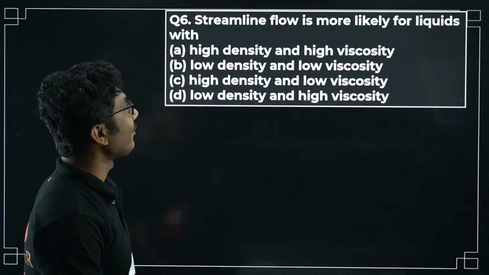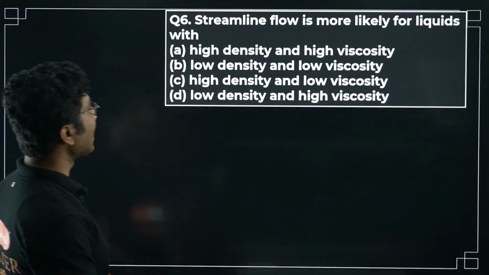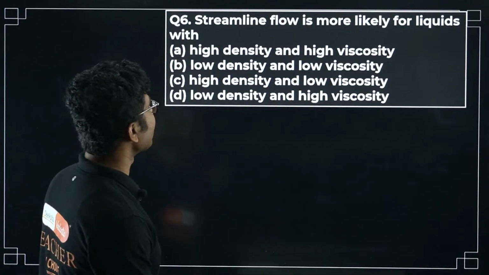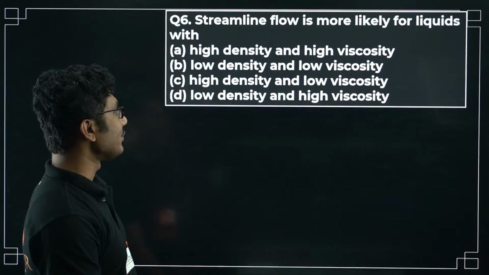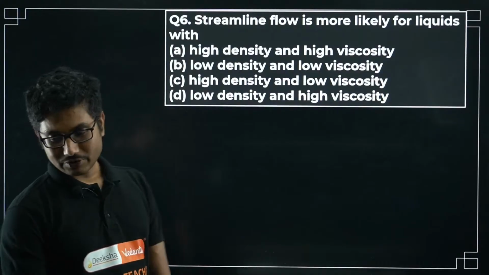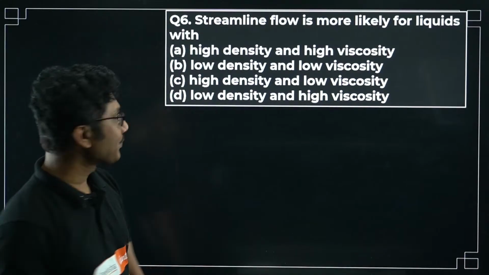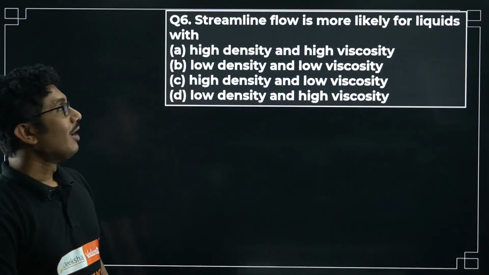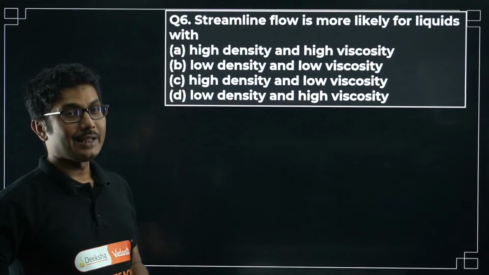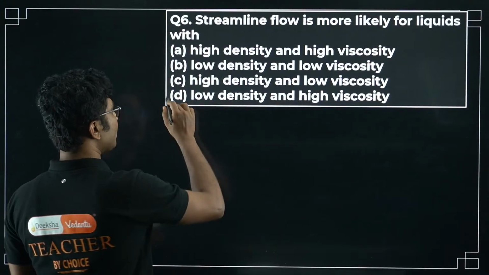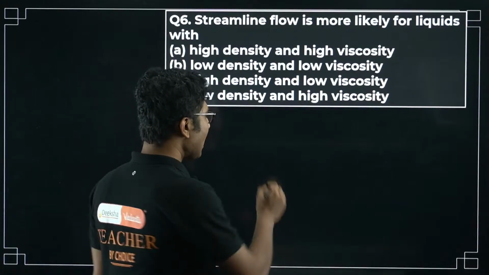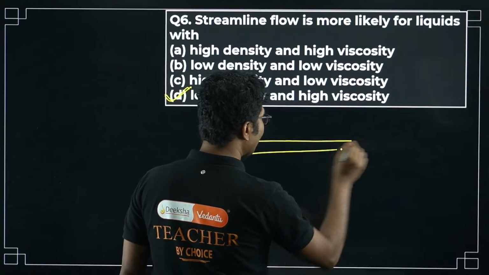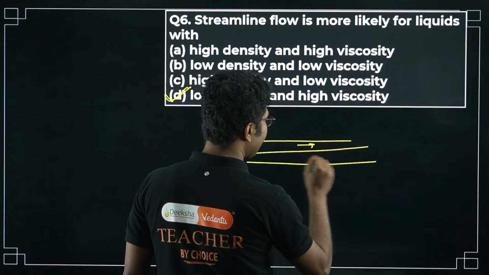So streamline flow is more likely for liquids with high density and high viscosity, low density and low viscosity, high density and low viscosity, or low density and high viscosity. Let's see anyone answering. So viscosity should be high but density should be low. So option D is the correct answer for this question. Streamline flow means all the layers are moving in a particular direction with a constant speed.